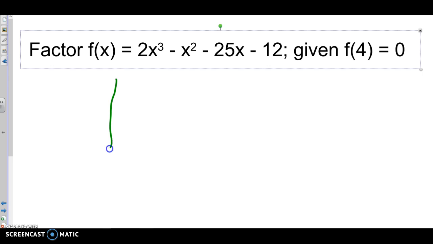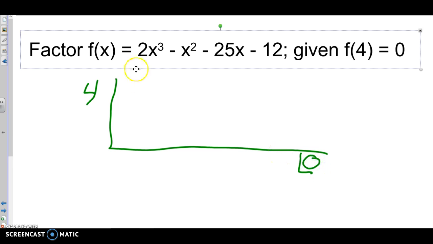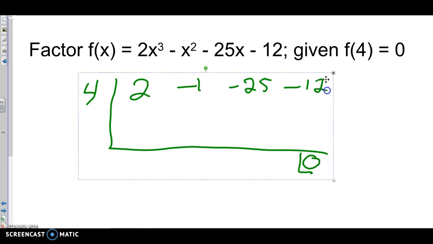All right, so again, I'm told that one of the zeros is 4, so I should definitely have a remainder of 0 here. Coefficients are 2, negative 1, negative 25, and negative 12. First number comes down, and then I multiply.